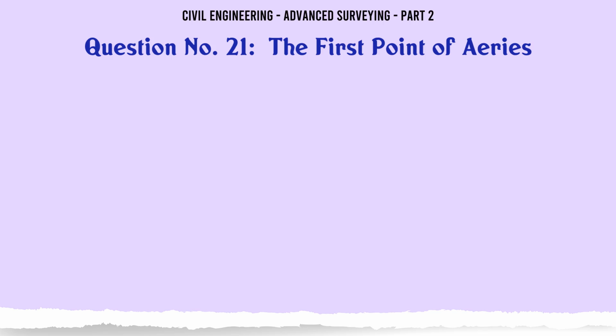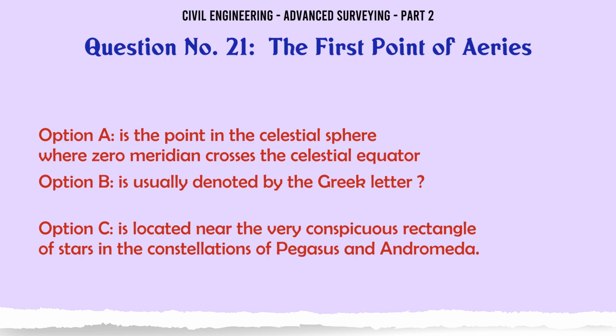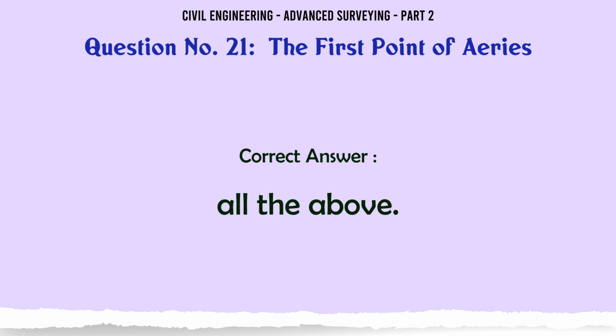The first point of Aries: A. is the point in the celestial sphere where the zero meridian crosses the celestial equator. B. is usually denoted by the Greek letter. C. is located near the very conspicuous rectangle of stars in the constellations of Pegasus and Andromeda. D. All the above. The correct answer is all the above.